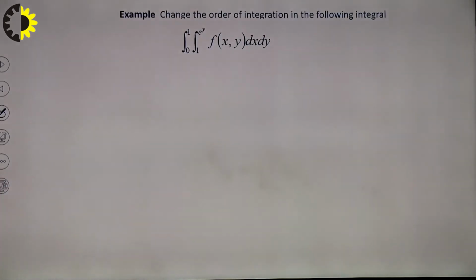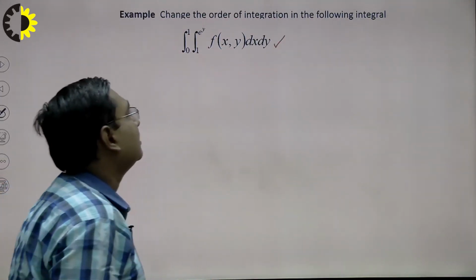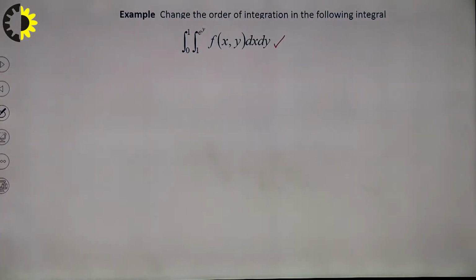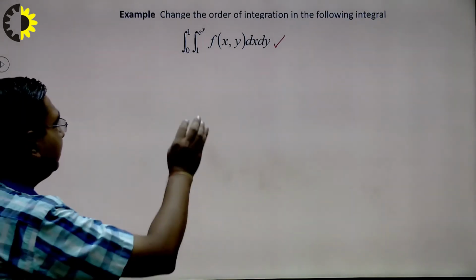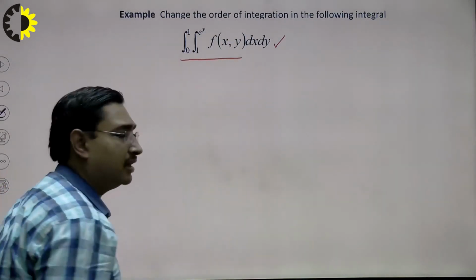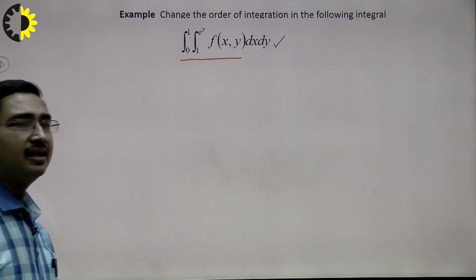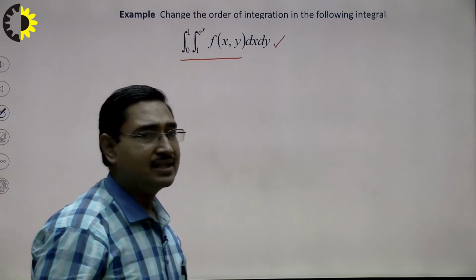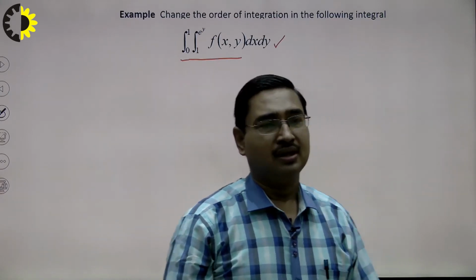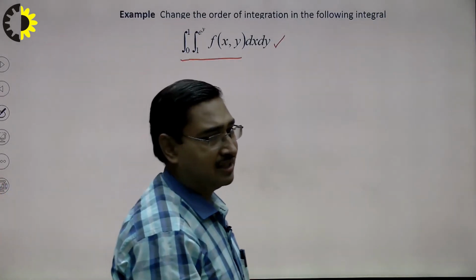We take an example. Example says change the order of integration in the following integral. Integral is 0 to 1, 1 to e raised to the power y f(x,y) dx dy. First of all, we shall draw the region of integration by looking at this integral. Then we will decide which type of slicing is used, whether we have sliced the region into horizontal slices or vertical slices.